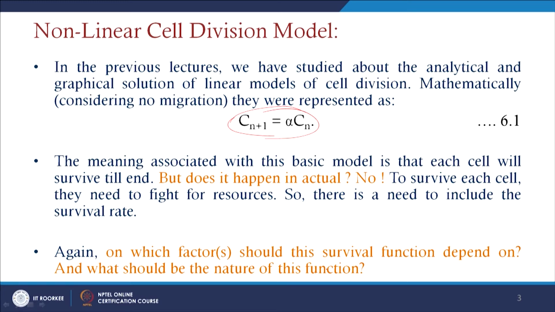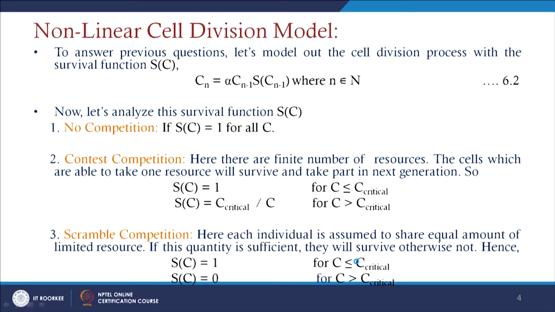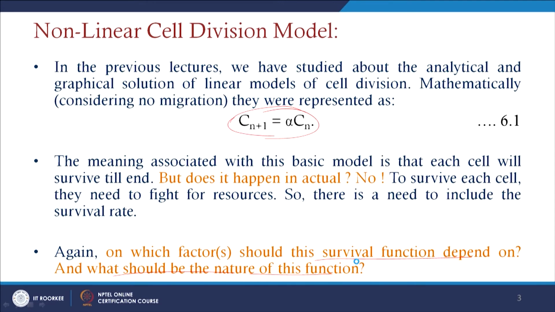So, especially we have to consider the survival function depending on which factors and what should be the nature of this function. If we want to find the answer to these questions, how this function is behaving or how this function should depend on each other, then let us model the cell division process with the survival function S(C), suppose. The earlier model is just written as Cn plus 1 equals alpha Cn, directly proportional to the cells.